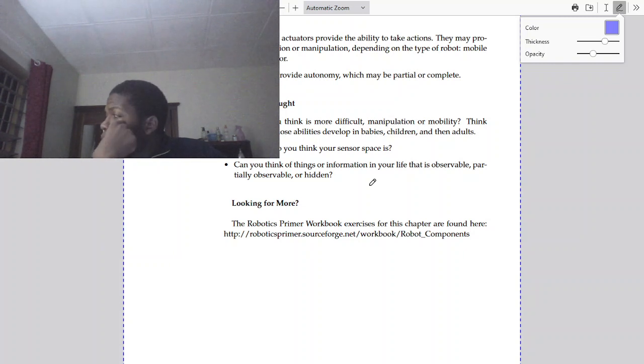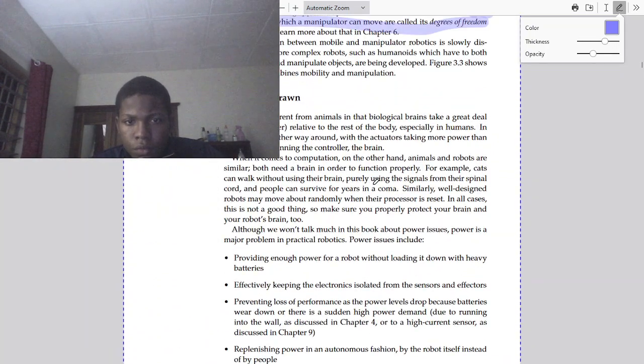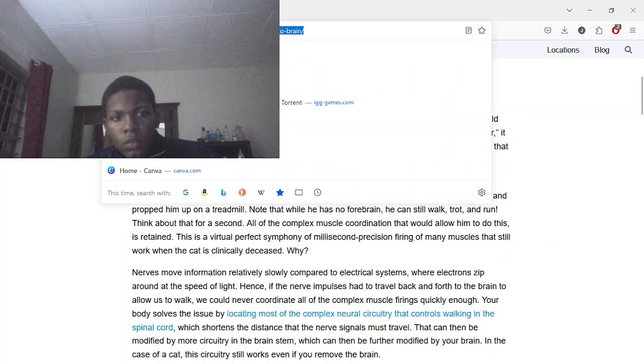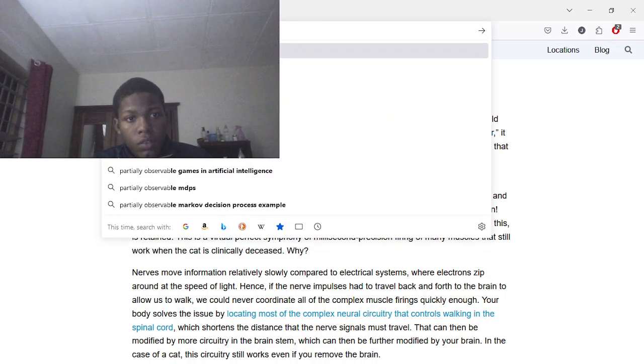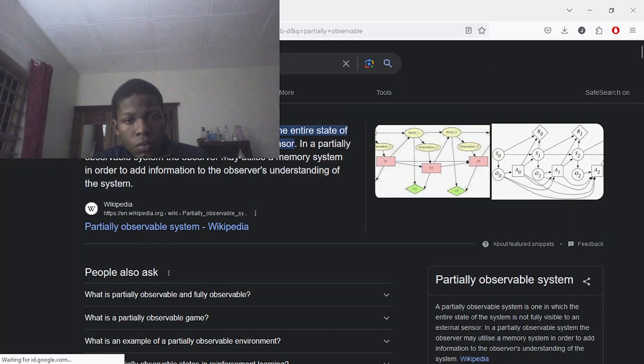Alright, partially observable. How is partially observable defined as well? Let me Google it. Partially observable: an entire state of the system is not fully visible.